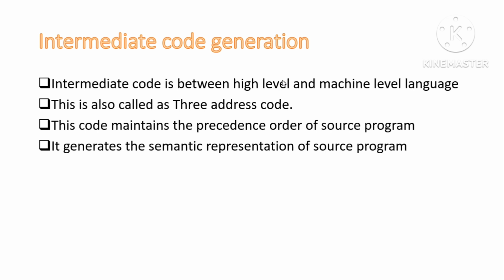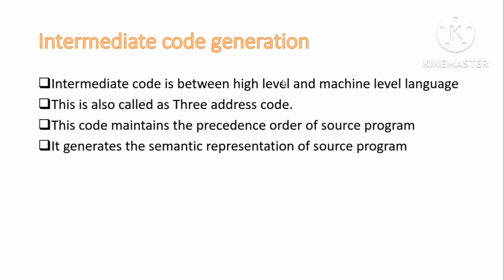Now the code maintains a precedence order of the source program. You cannot generate the three address code directly in a sequential order, because once you try to generate intermediate code, it should carefully follow the precedence of operators used in the language.